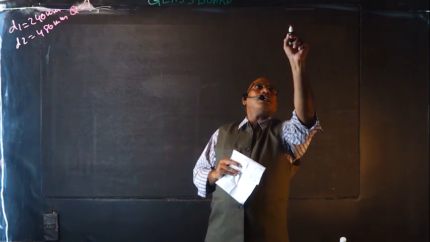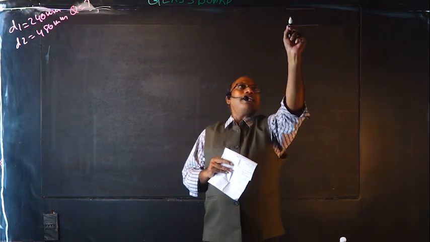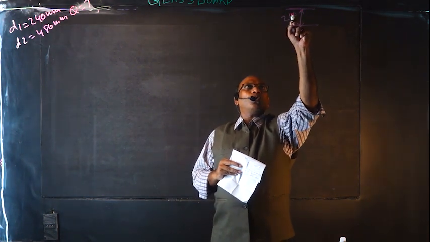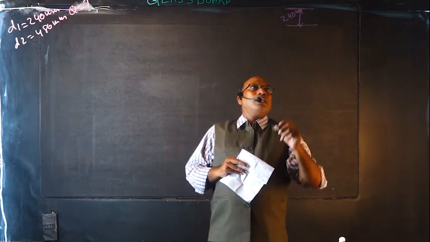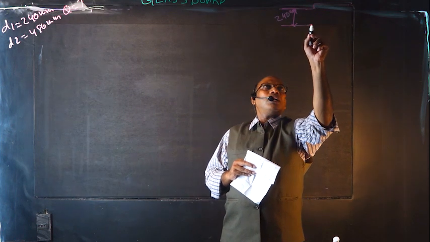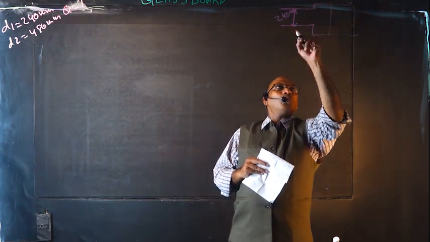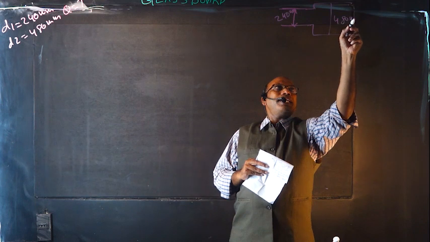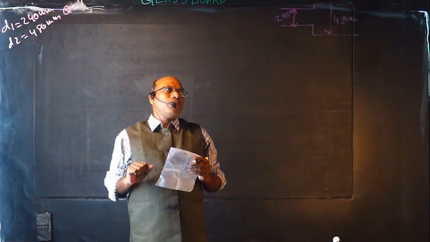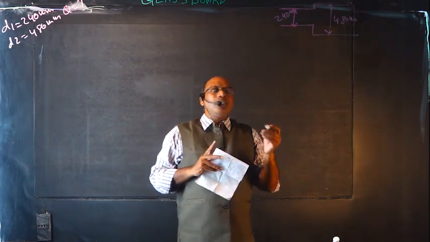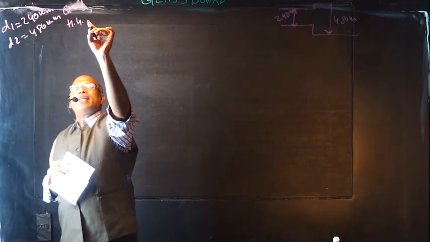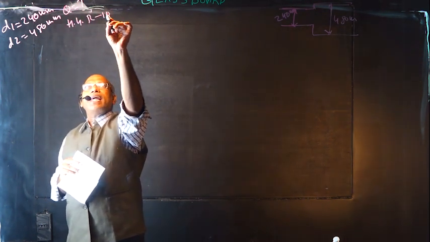This is the pipe diameter, the initial diameter 240 mm, that is enlarged to 480 mm. This is the data given in the problem. Apart from that, the hydraulic gradient rises by 10 mm.